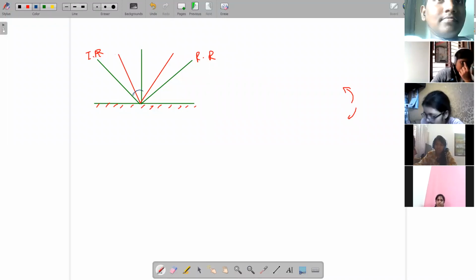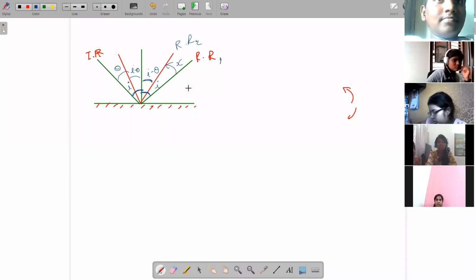Initially the angle of incidence is i, from here to here. When it is shifted by an angle theta, the remaining angle becomes i minus theta. The reflected ray is also shifted by i minus theta. You need to calculate the angle x, the shift of the reflected ray from the first position to the second. So x is equal to i minus of (i minus theta).